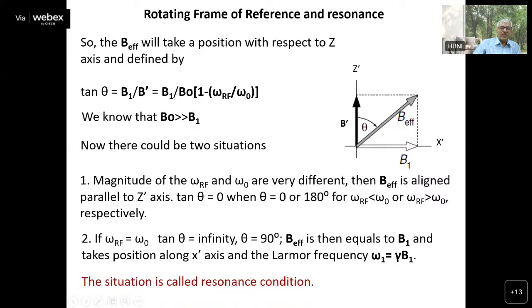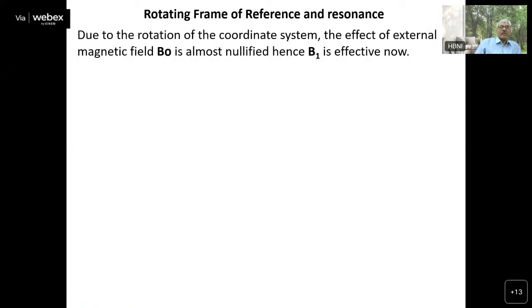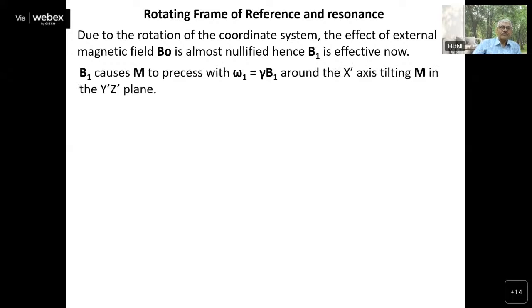This situation is called the resonance condition in the rotating frame. Due to the rotation of the coordinate system, the effect of the external magnetic field is almost nullified. Hence, B1 is now effective. Initially B1 is very small, but still it can do its job because we have nullified the effect of the B0 field due to the rotation of the coordinate system.